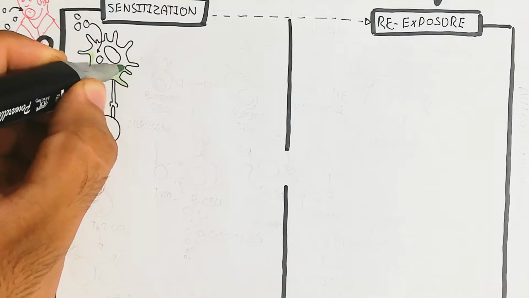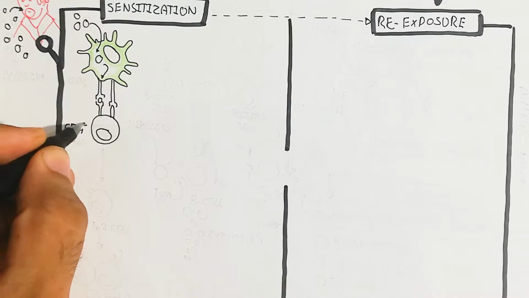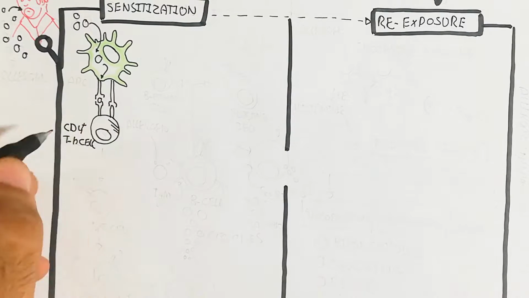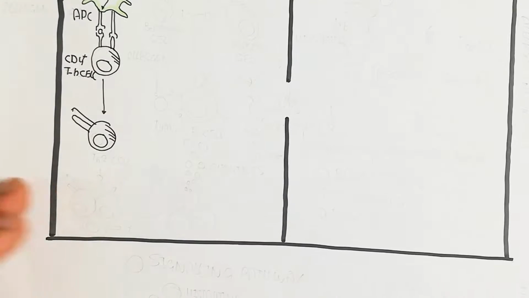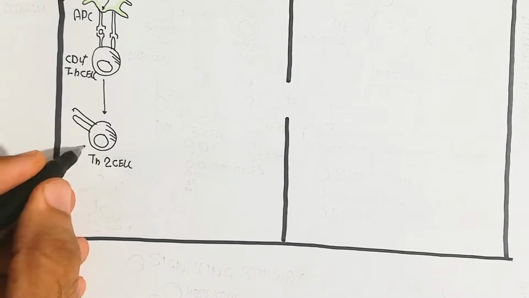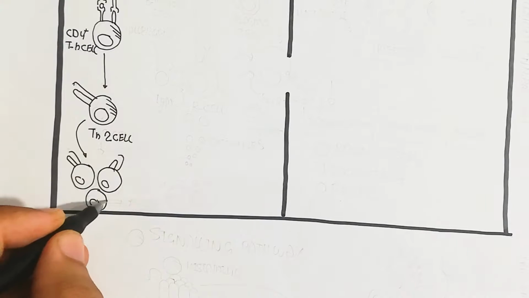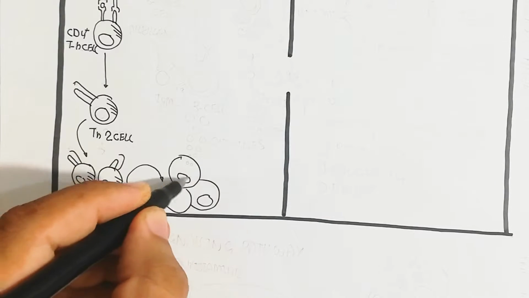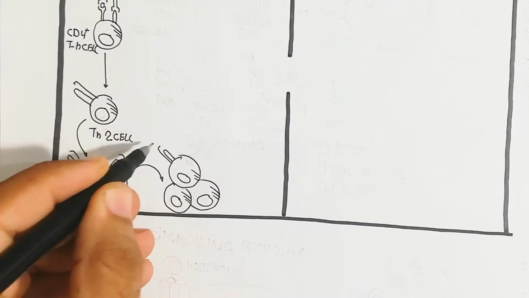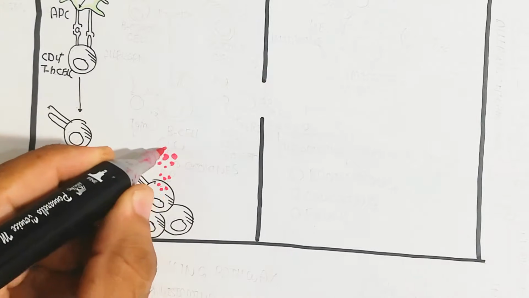So this is the allergen. When it enters the person, the antigen presenting cell will recognize the allergen and endocytose it, then present it through an MHC class 2 molecule to a T helper cell, and the T helper cell will proliferate into a T helper 2 cell, and this T helper 2 cell produces cytokines. These cytokines will activate and recruit the B cell.